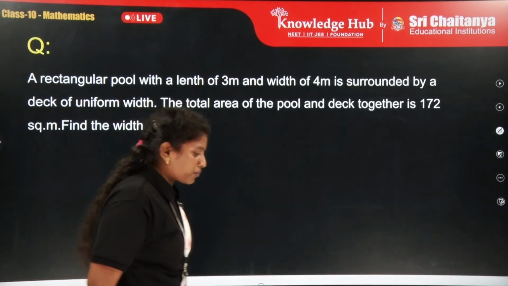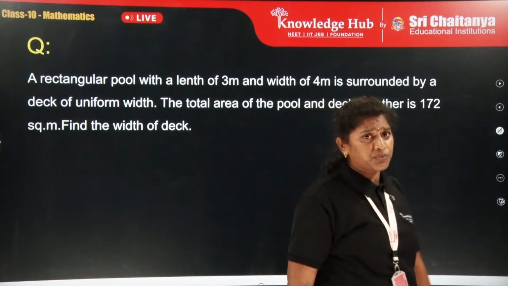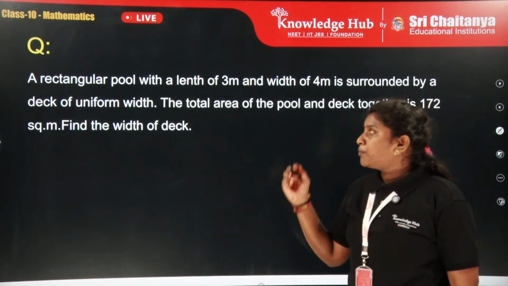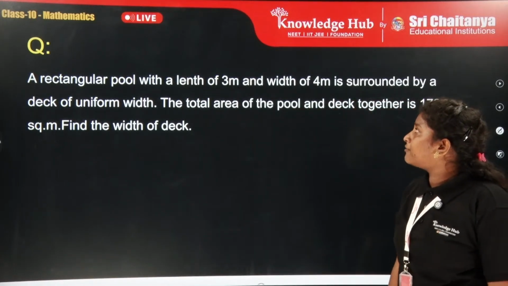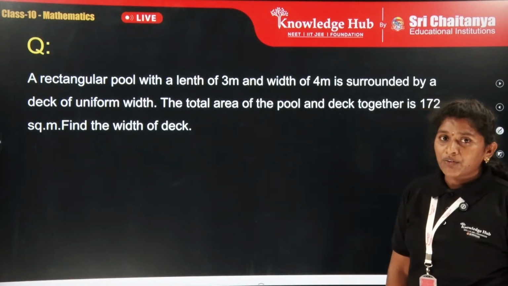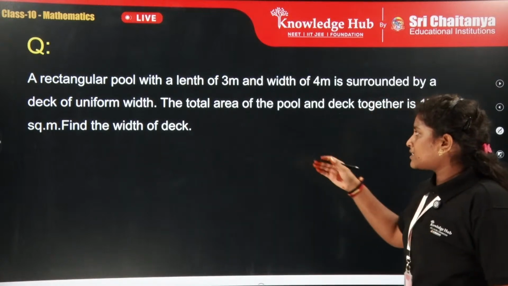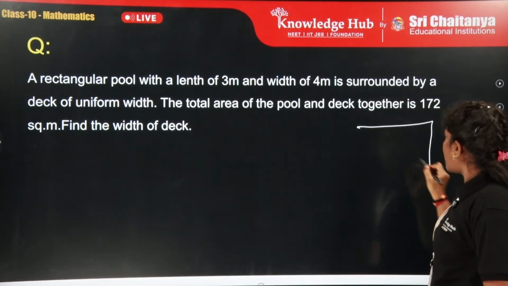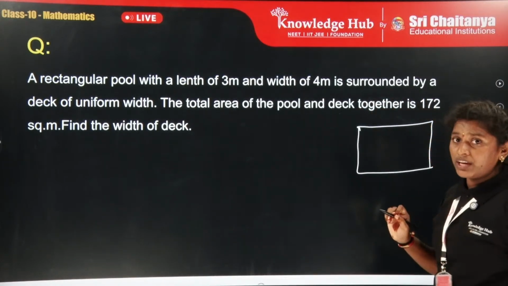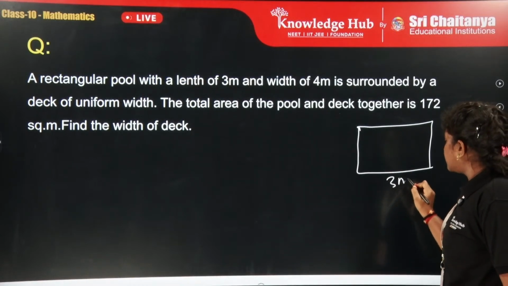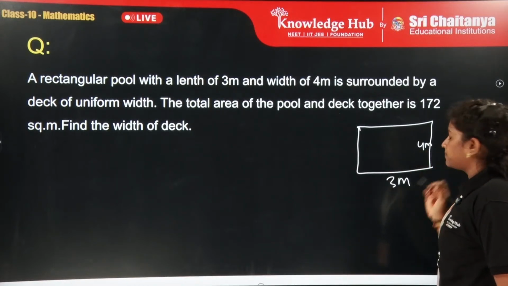So now let's solve the next problem. A rectangular pool with a length of 3 meters and width of 4 meters is surrounded by a deck of uniform width. First of all, let me draw a figure, and there you are having your rectangular pool, which is having 3 meters length and 4 meters width.